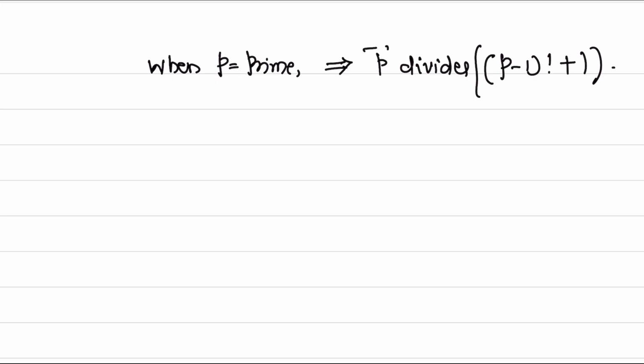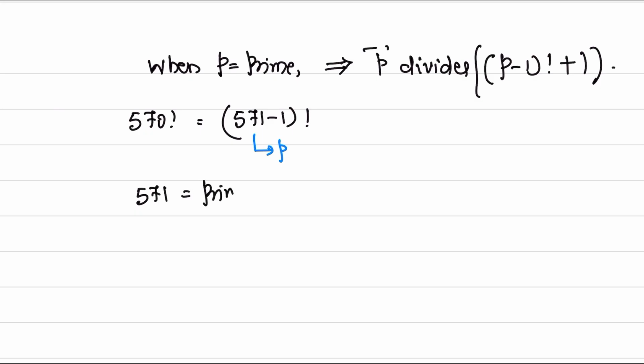Now, what is the factorial here? It is 570 factorial. Can we write it as 571 minus 1 factorial? Yes. And let us denote this 571 as p. Please see that as a homework. Please see that 571 is a prime number. Here 571 is a prime number.